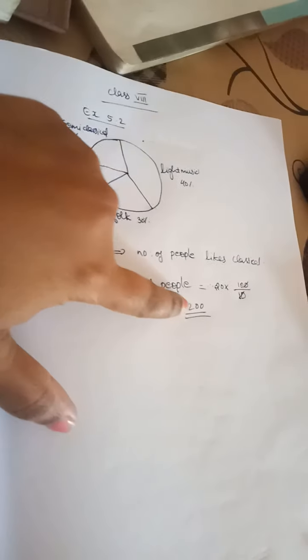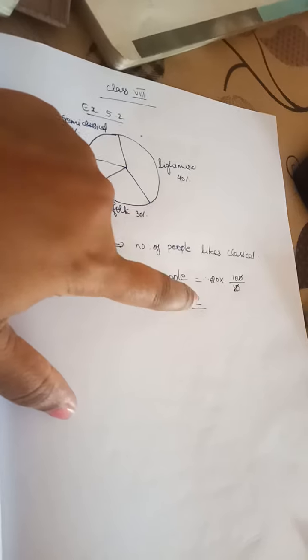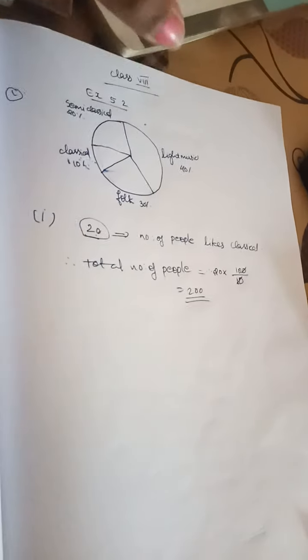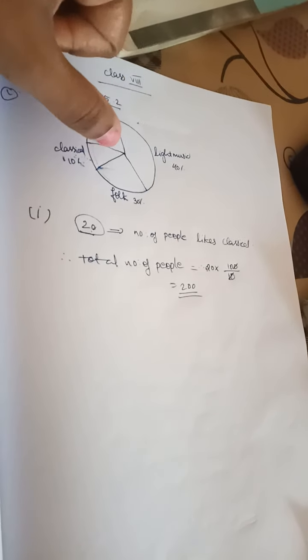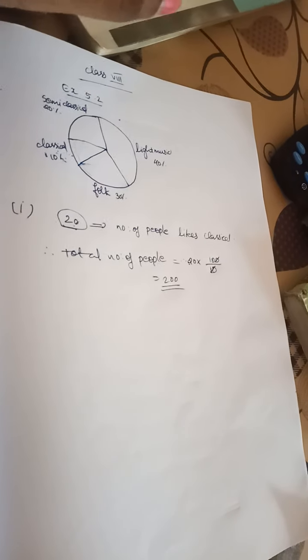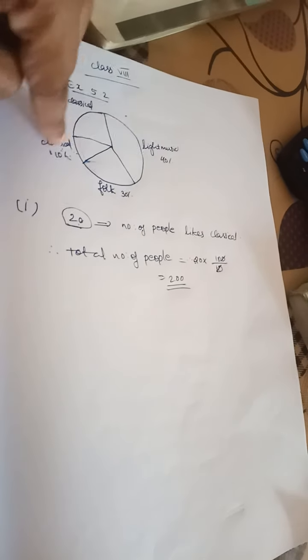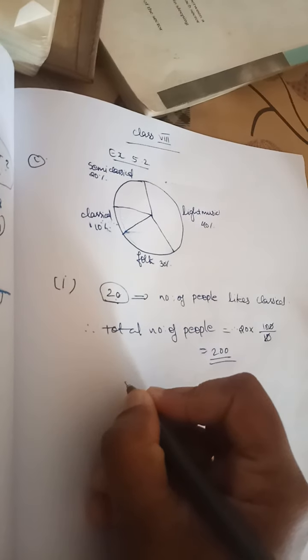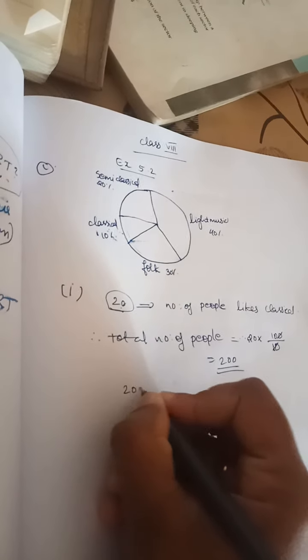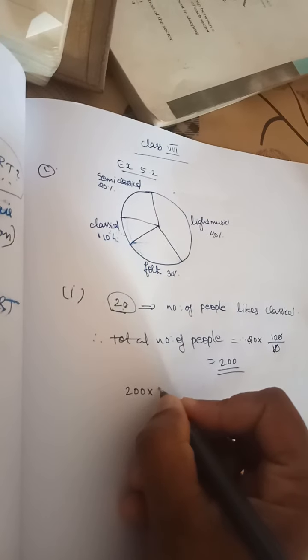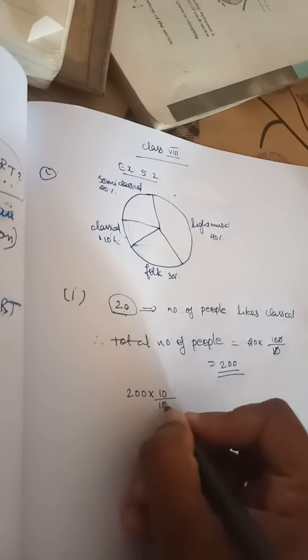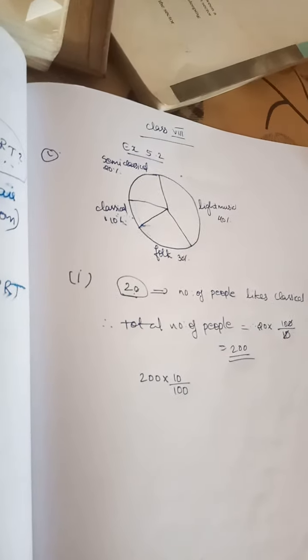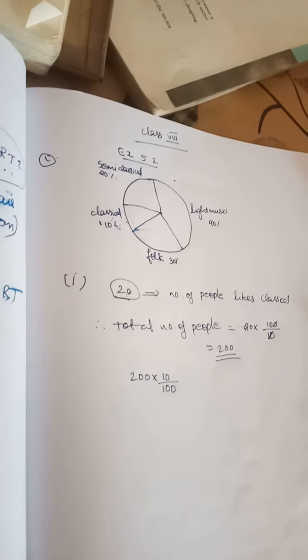You can cross check your answer. Now you got the total number of people is 200. You should check what is 10 percentage of 200. If you check, you will get 20. How can we calculate 10 percentage of 200? 200 into 10 by 100. 200, the total number of people, into 10 percentage.